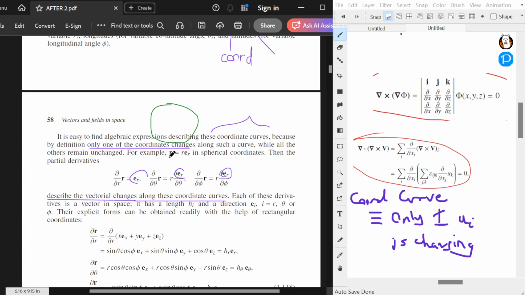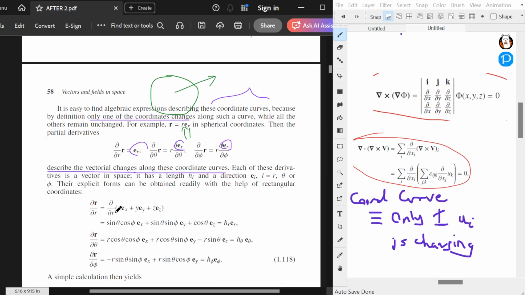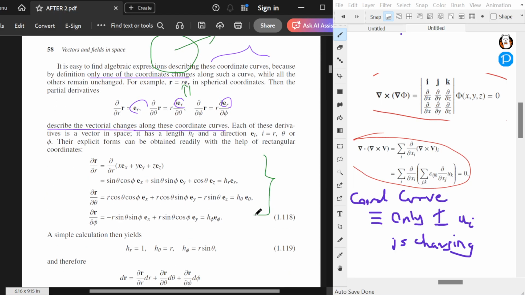r equals r e_r. Magnitude, direction, radial direction. Del r of r, let me look at these.